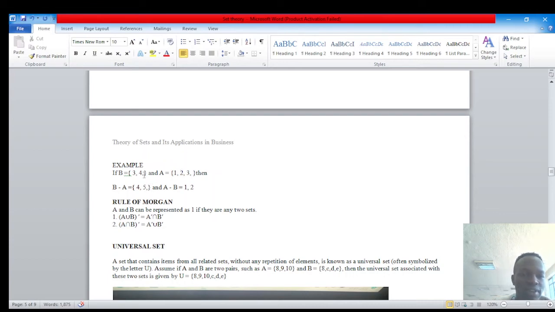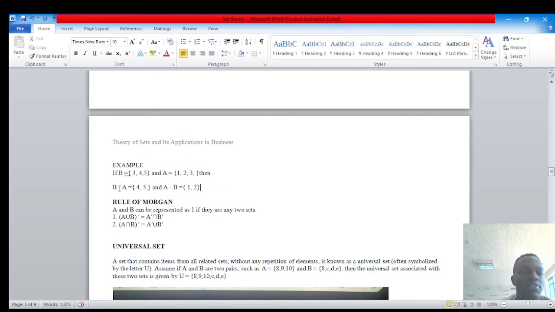Here we had 5. Let's complete now. What is in B which is not in A? It's 4, 5, because 3 is an element in set A.